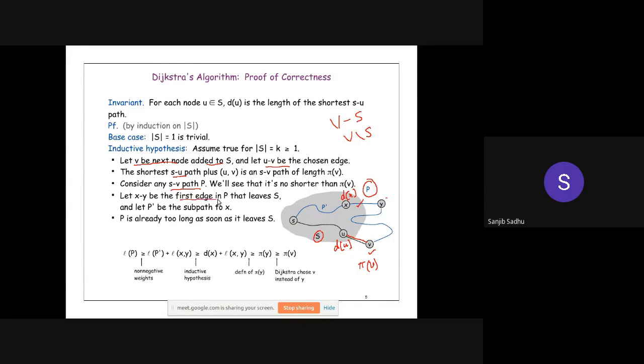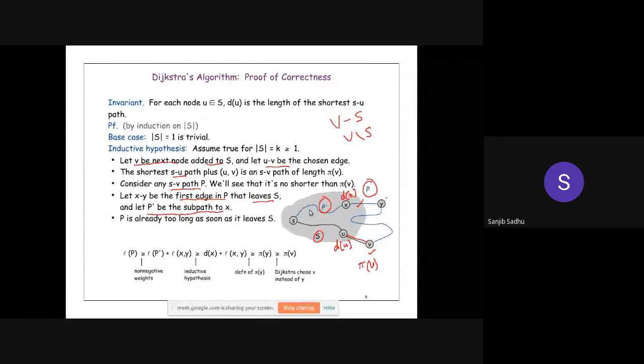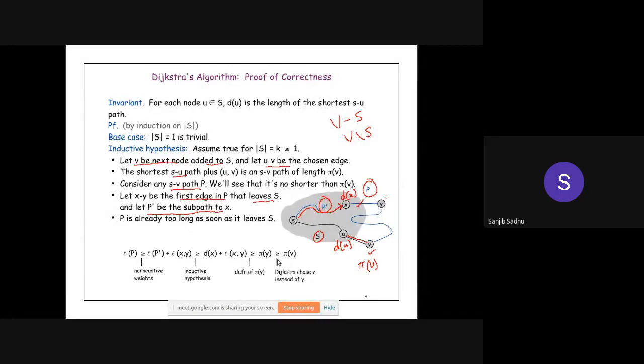So let XY be the first edge in P that leaves S, and P prime be the subpath to X. What is the P prime? We check. This is the P prime, from this to this. So I know P prime is inside this S. That means it is correct, the DX value.